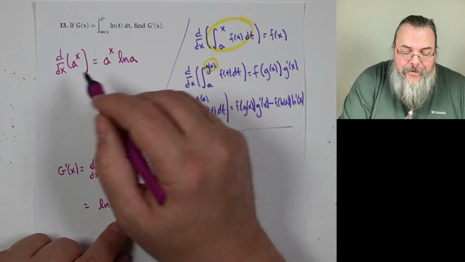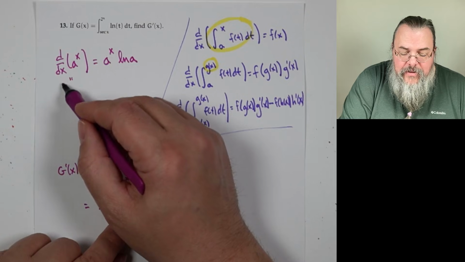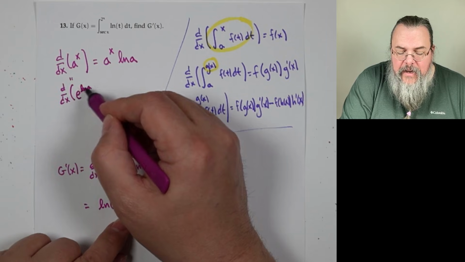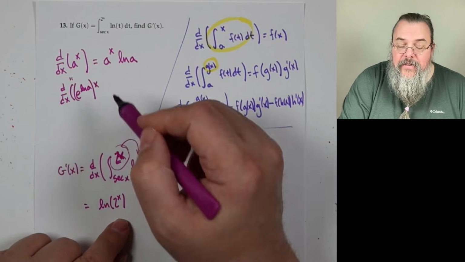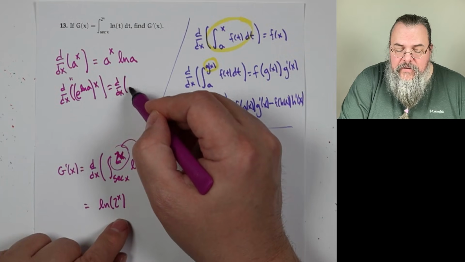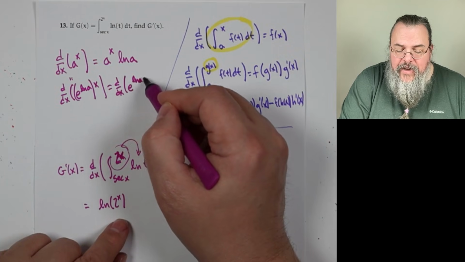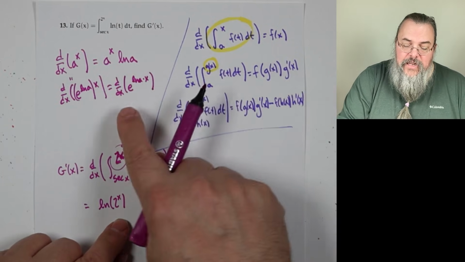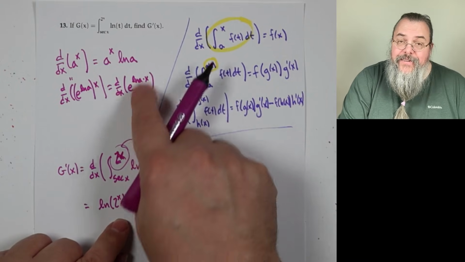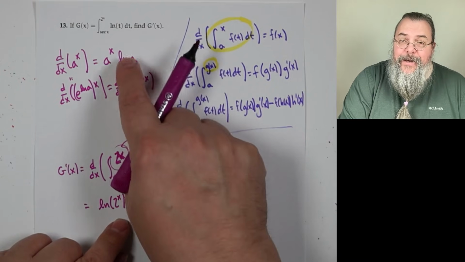How does that follow? Well, you can write a to the x as e to the log a times x. So this becomes the derivative of e to log a times x. So e to something is e to that thing times the derivative of the inside. So that's where that log a comes from.